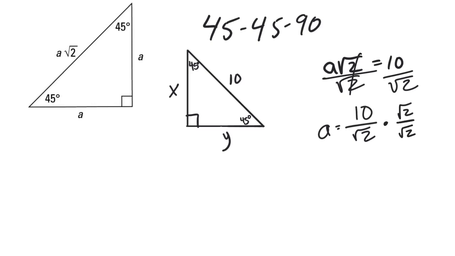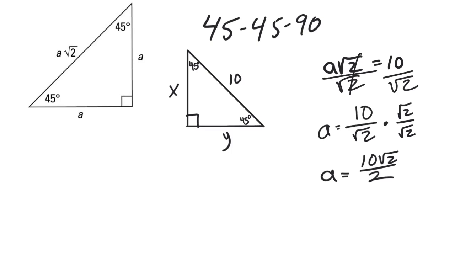Multiplying the top and bottom both by the same thing is the same as multiplying by 1. I'm not changing any values here. But what that allows us to do, if we multiply straight across, 10 times square root of 2 is just going to be 10 times square root of 2. But square root of 2 times square root of 2, obviously, is just going to be a positive 2. So how this all shakes out, we have a is equal to 10 times the square root of 2 over 2.